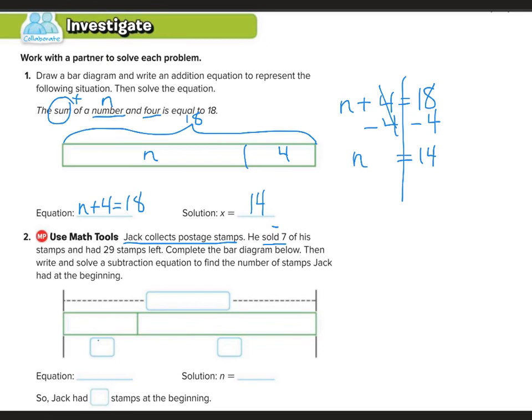So I'm guessing that this is the 7 and this is the 29, because we're completing the bar diagram to find the number of stamps he had at the beginning. So we're trying to find the total. Our equation would be, he had a certain number of stamps, and he subtracted 7, and then he's left with 29.